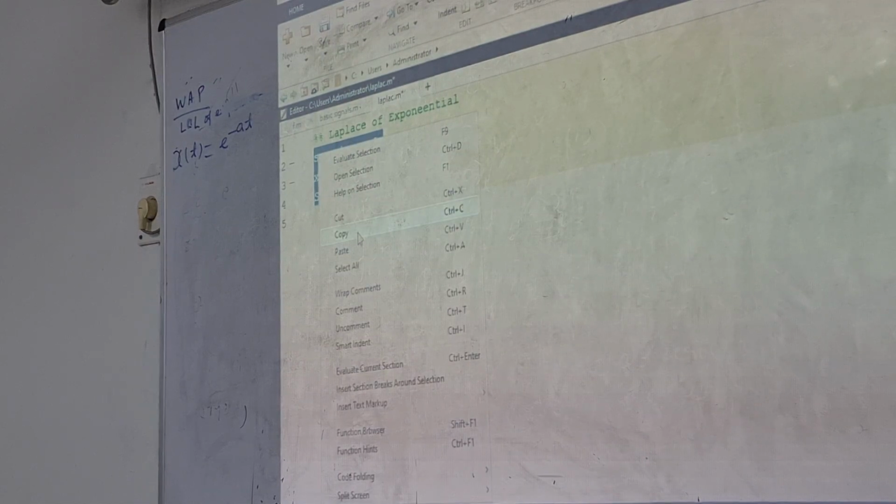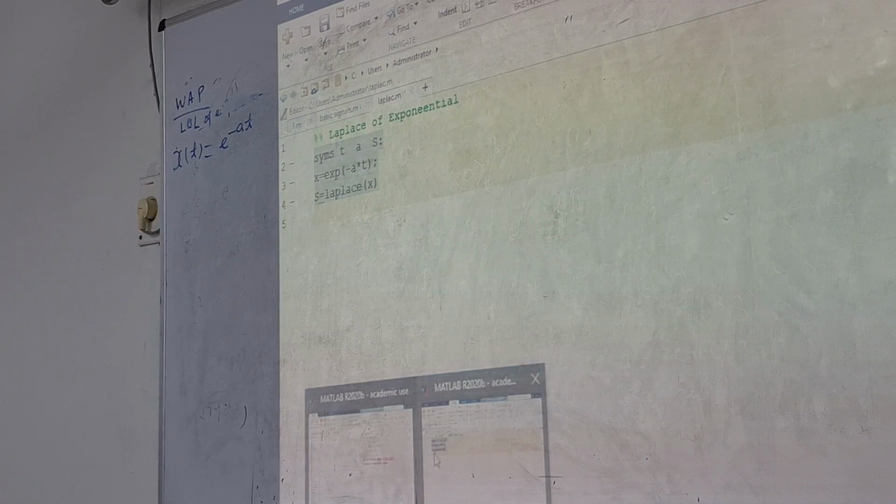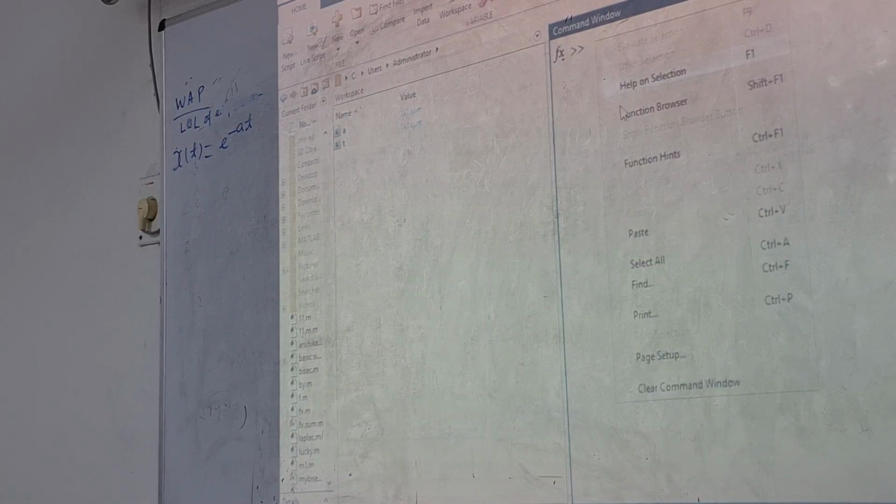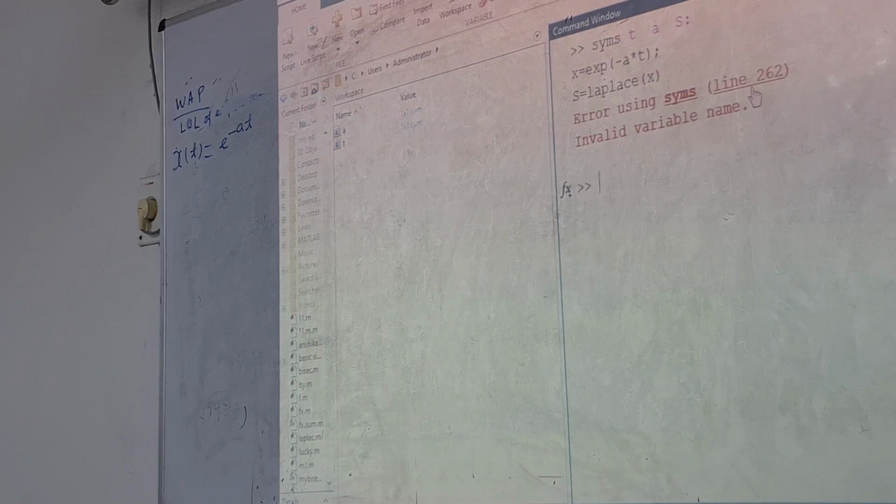Then put clear all, clc, and then write the code laplace. There is some error in spelling.